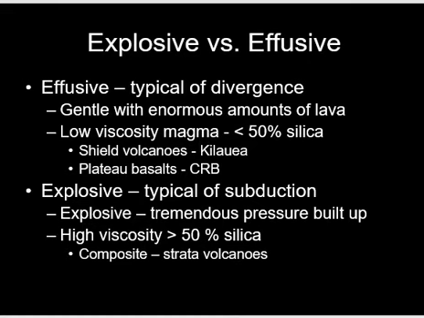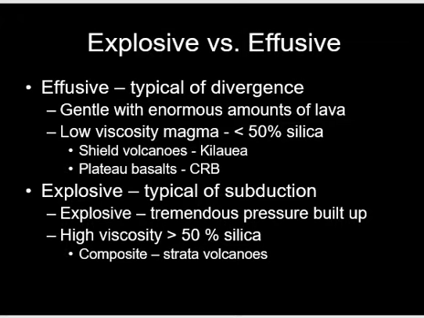But an effusive volcano, there's lots and lots of lava, huge amounts of lava. It's very, very low viscosity, means it's not very sticky. And the lava just runs and runs and runs for miles and miles. It's like less than 50% silica. And this is very common of the Basin and Range in Oregon, which creates these plateau basalts, or the shield volcanoes in Kilauea.